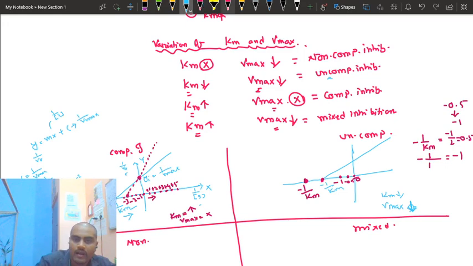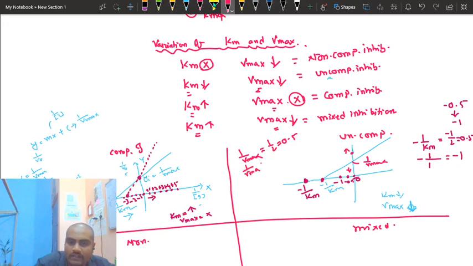Now you can see that the Vmax value is also decreased. That means 1 by Vmax, the value of this point is 1 by Vmax. As the Vmax value is decreasing, it will shift upward. Obviously, it will shift upward because the Vmax value is decreasing. Consider that the value of the Vmax is 2. That means 1 by 2 is equal to 0.5. And the Vmax value is decreasing. That means right now we are considering the Vmax value is 1.